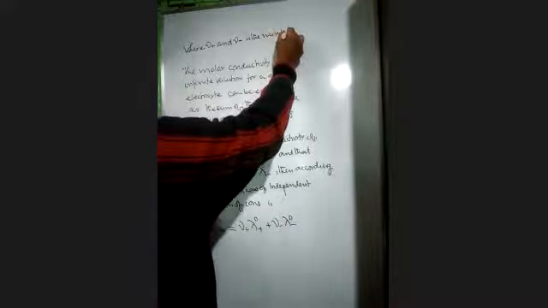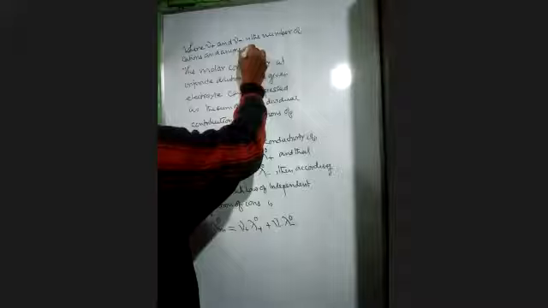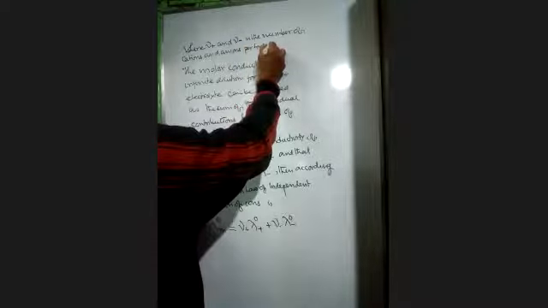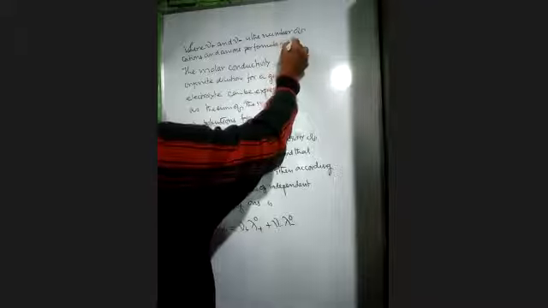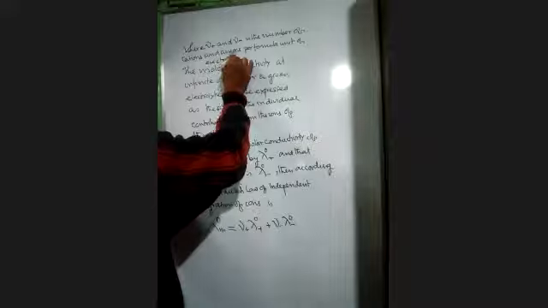So right now, where nu plus and nu minus is the number of cations and anions per formula unit of electrolyte. Okay.